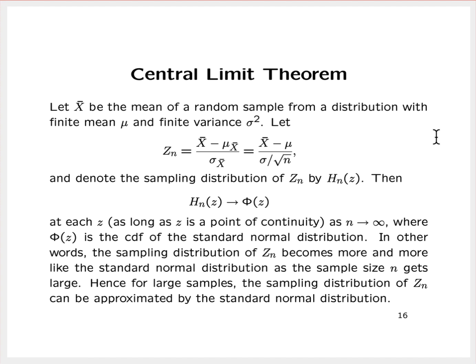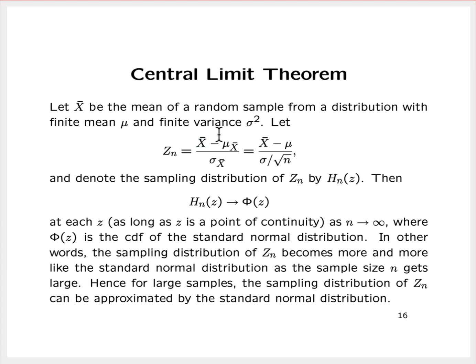We're going to look at this result, the central limit theorem, in a bit more detail than you would in that first methods class. So let x bar be the mean of a random sample from a distribution with finite mean mu and finite variance sigma squared. Then let's define a new random variable we'll call z sub n to be the standardized version of x bar.